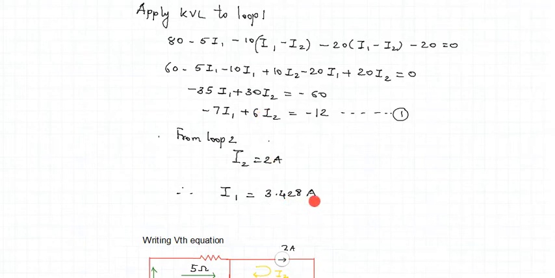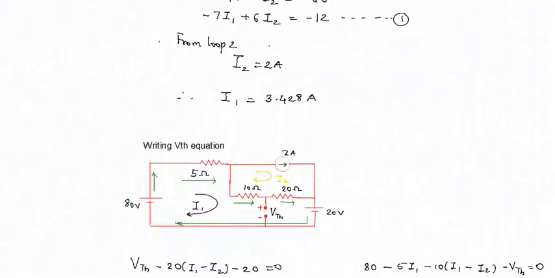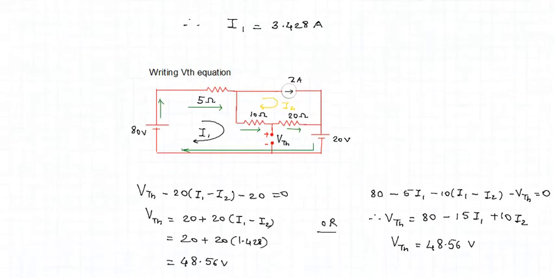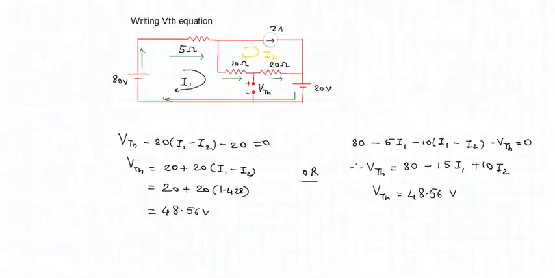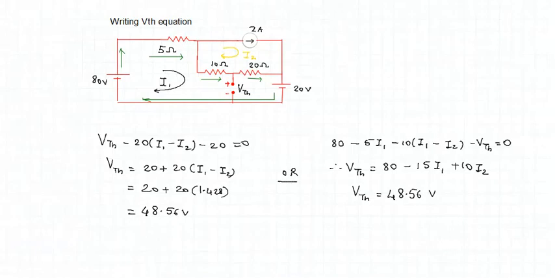The intention of simplifying these loops was to find the VTH voltage. We need to find the open circuit voltage VTH. To find VTH, we will write the VTH loop equation. Now this VTH loop equation can be written in two ways. Either you use this smaller loop, or you can consider this larger loop.